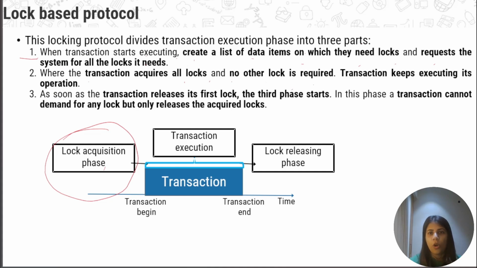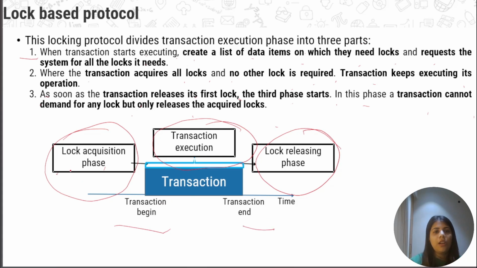When no other lock is required, the transaction keeps executing its operations. This is the transaction execution phase. As soon as the transaction releases its first lock, the third phase starts. In this phase, a transaction cannot demand any lock but only releases the acquired locks, which is the lock releasing phase. Transaction begins over here and ends over here.